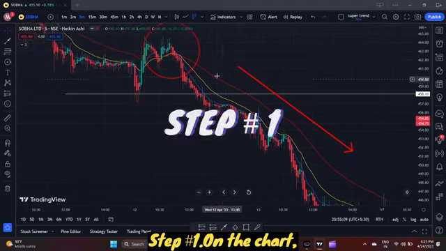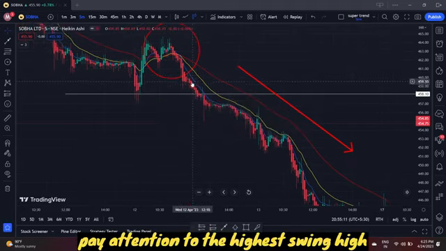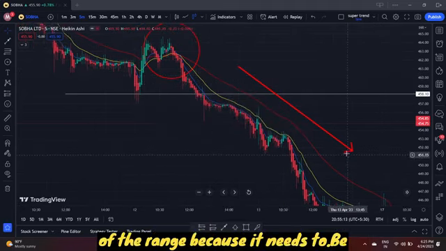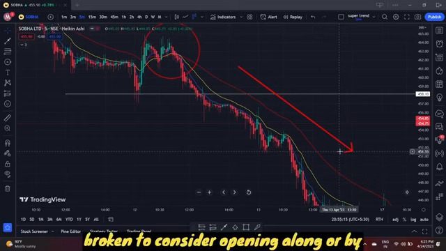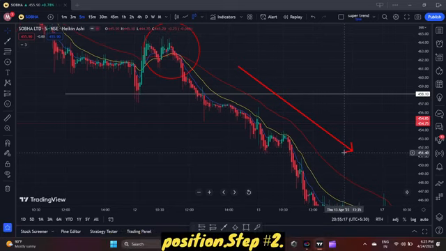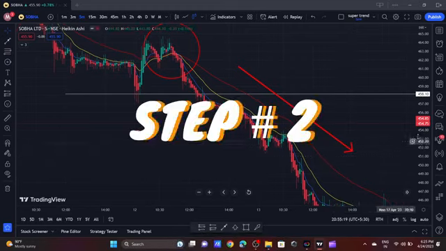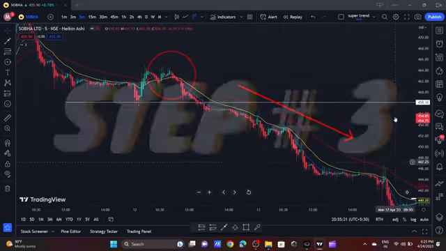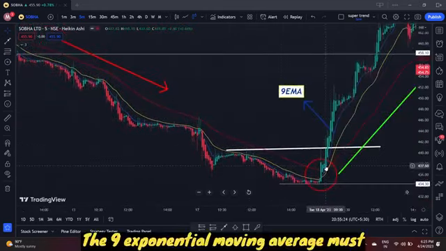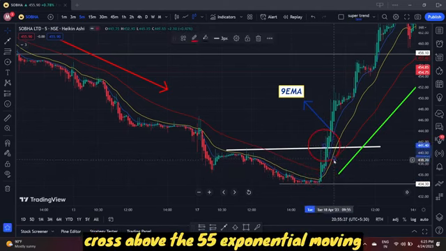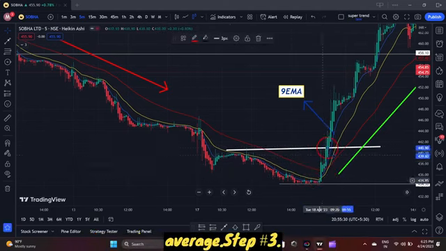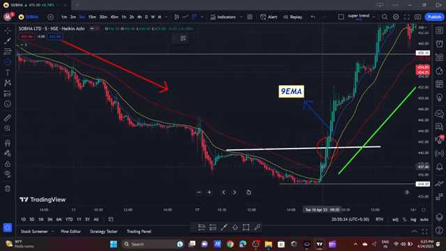Buy rules. Step number 1. On the chart, pay attention to the highest swing high of the range because it needs to be broken to consider opening a long or buy position. Step number 2. The 9 exponential moving average must cross above the 55 exponential moving average. Step number 3.